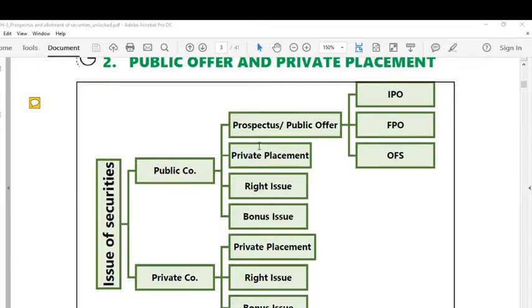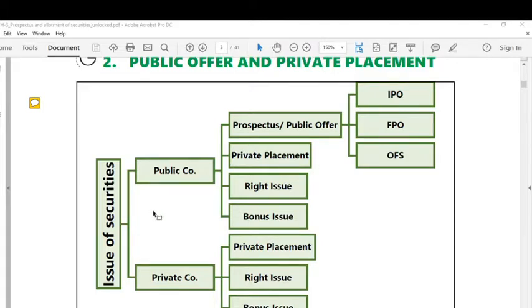You need to describe the four modes in brief. When it comes to a prospectus or a public offer in case of a public company, it can be of three different kinds: IPO, FPO, or OFS.